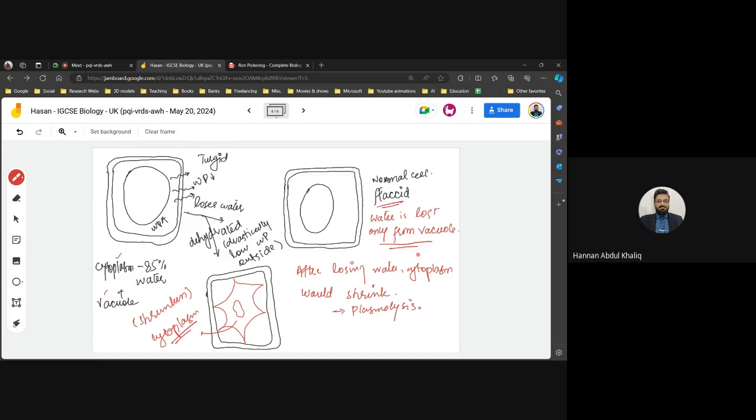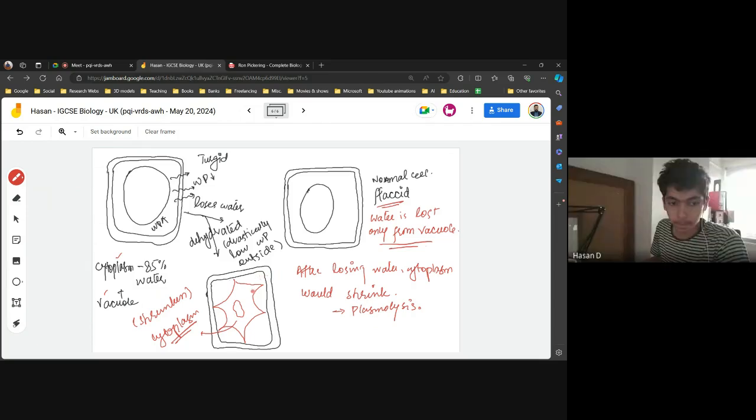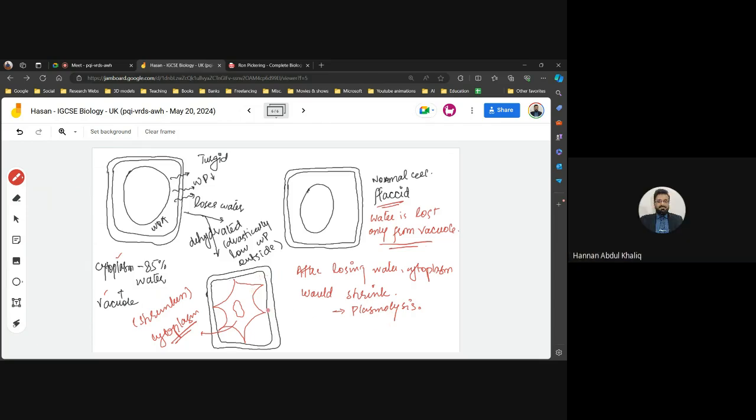It is not lost from the cytoplasm, but in this case, the cytoplasm and vacuole both are losing water, leading to shrinkage of both, looking like the one I just drew. Got it? Yeah. So that is the situation of plasmolysis.